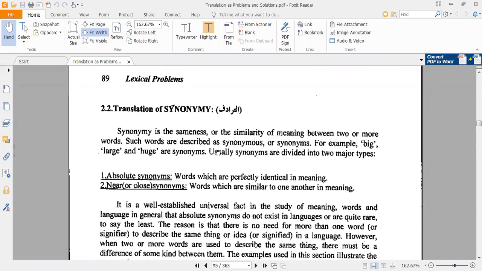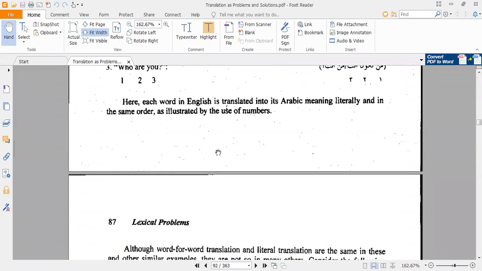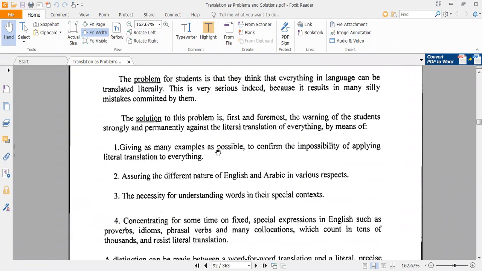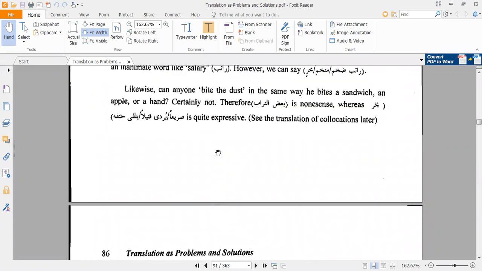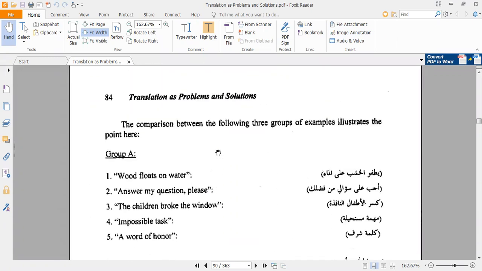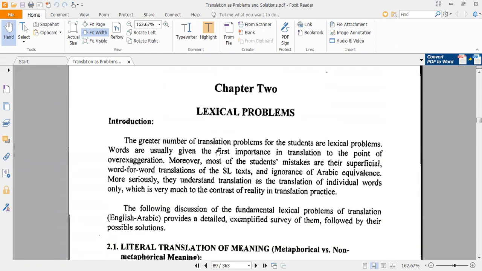Last lecture we talked about the translation, or rather a general introduction. We talked about a general introduction about technical and lexical problems in general, and we said that these types of problems are the most common problems that students of translation or translators usually face, because of the superficial use of word for word translation, or the word for word strategy.